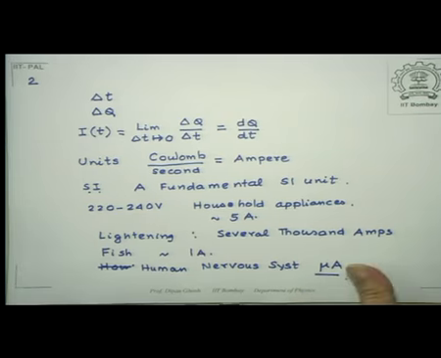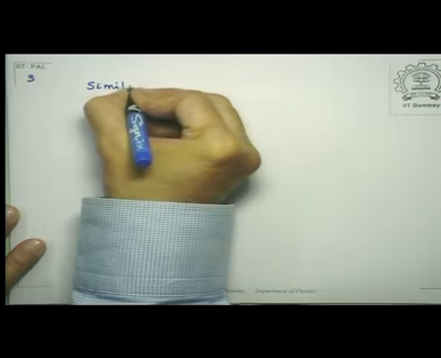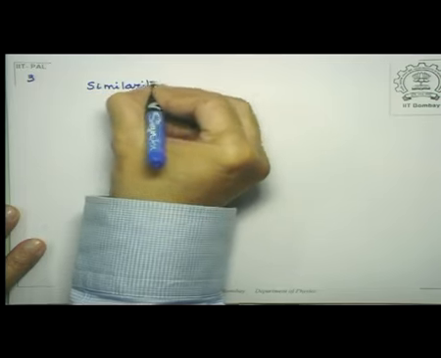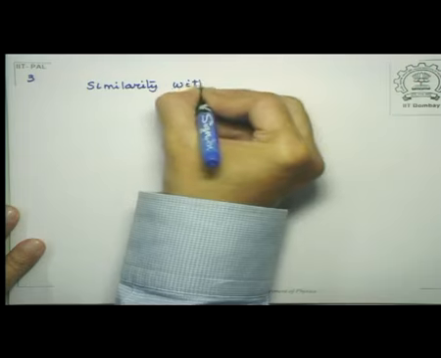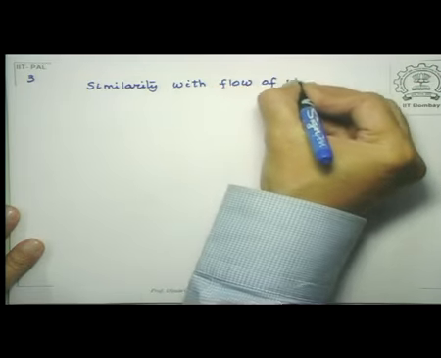So now that we have talked about the definition of electric current, let me try to tell you how exactly we look at the flow of currents. Though it is not an exact similarity, there is a lot of similarity with water flow, for instance through a pipe.